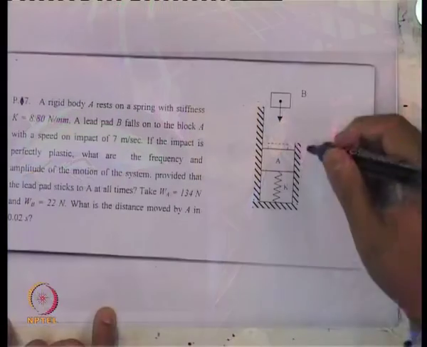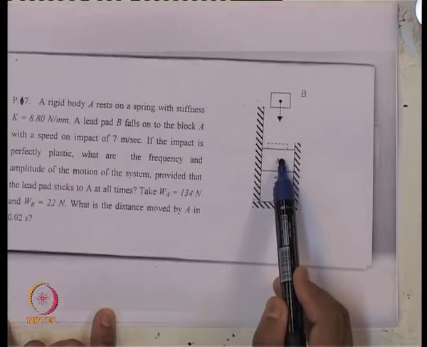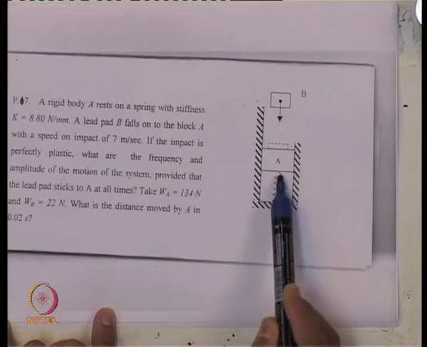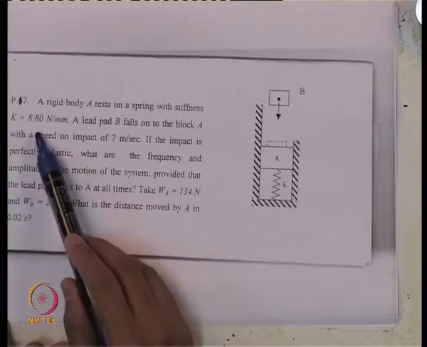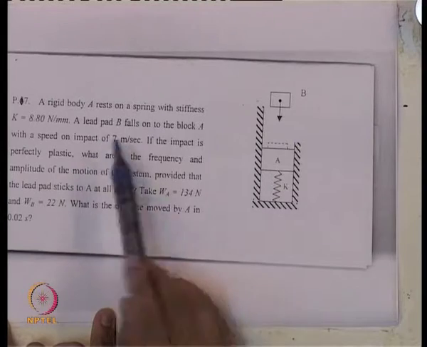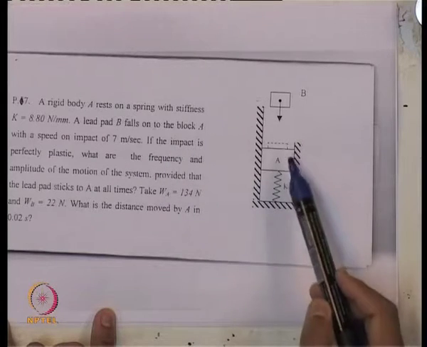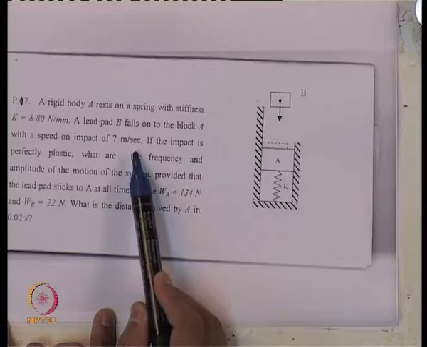Now, for the next problem number 7, here is the picture. It shows a rigid body A, which rests on a spring with a stiffness K of 8.8 Newton per millimeter. A lead pad B falls onto the block A with a speed on impact of 7 meter per second.